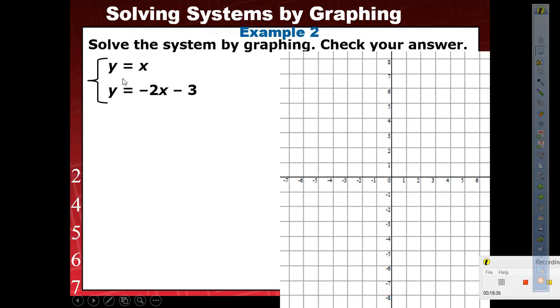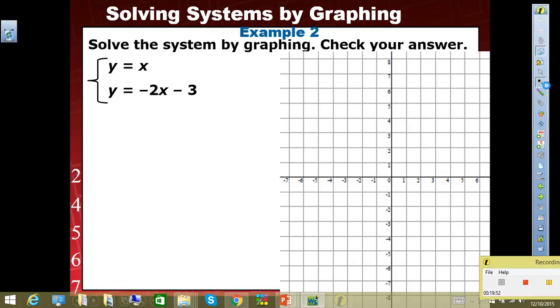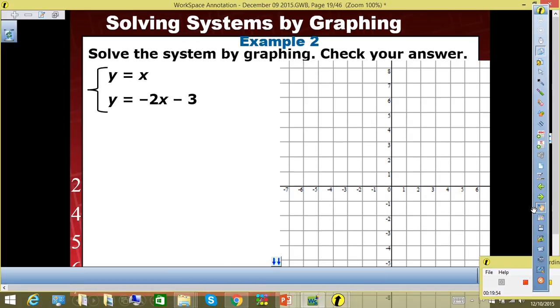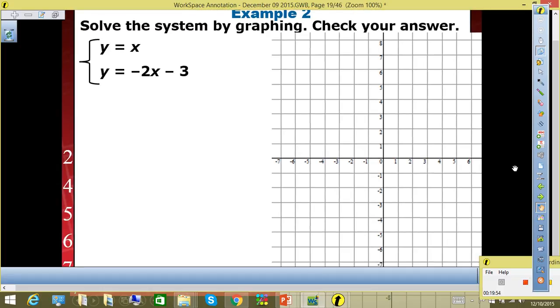Here's the system: y equals x, and y equals negative 2x minus 3. Step 1. Okay, everybody look up. Are they both solved for y?